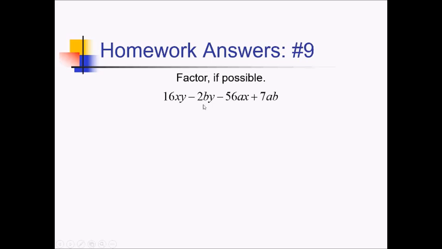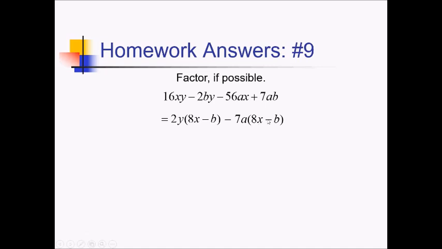For the first two terms, I can take out a 2 and a y. Taking out 2y leaves me with 8x for the first term, and then this is going to be minus b. For the next two terms, I can take out a negative 7 and also an a, so negative 7a. That'll leave me with a positive 8x, and then this will be a minus b as well.